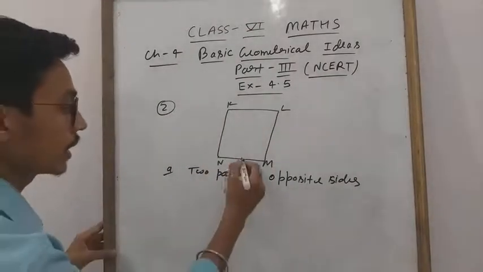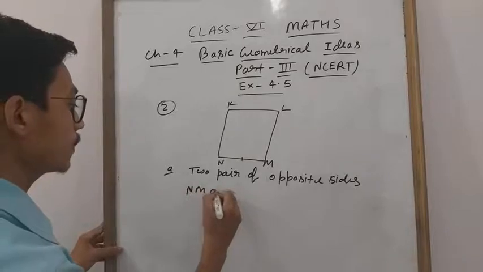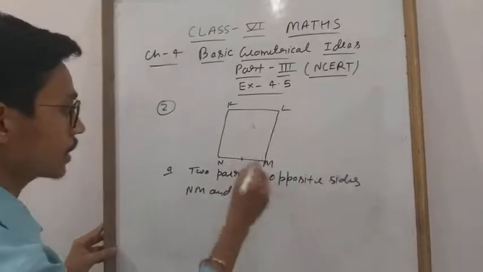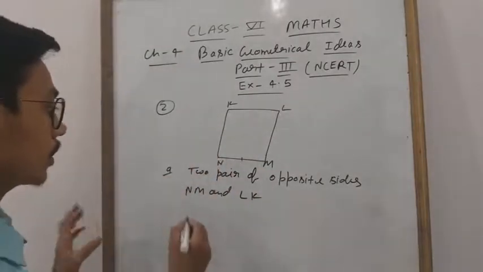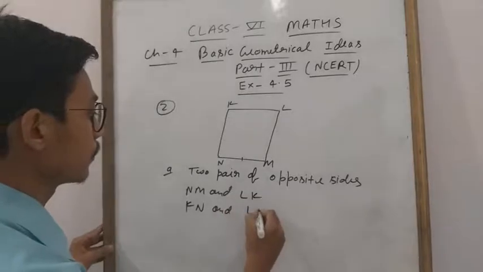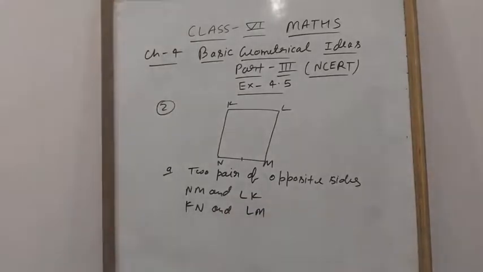Opposite means, for example, NM and KL, they are opposite. Next you can write KN and LM; both are opposite, student. So these are our two pairs of opposite sides. Clear, everyone?